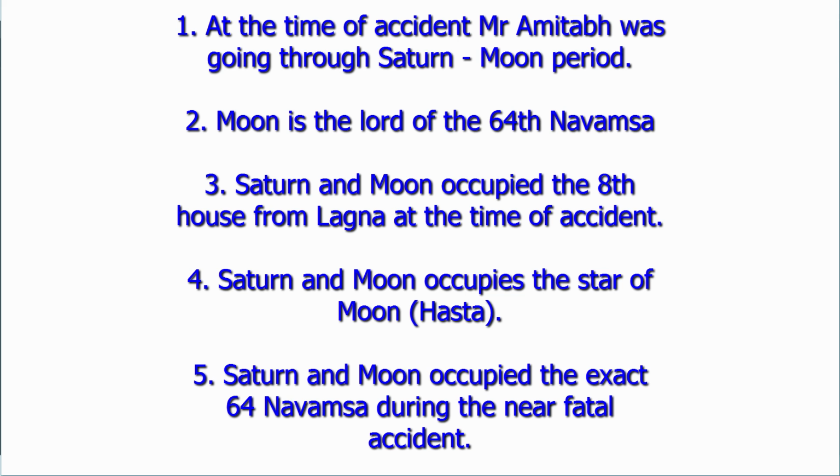So we know Saturn and the moon. Then we also looked into the date of the accident, and we found that these two planets, the Saturn and the moon, came together in the 8th house, and that too exactly on the 64th Navamsa.